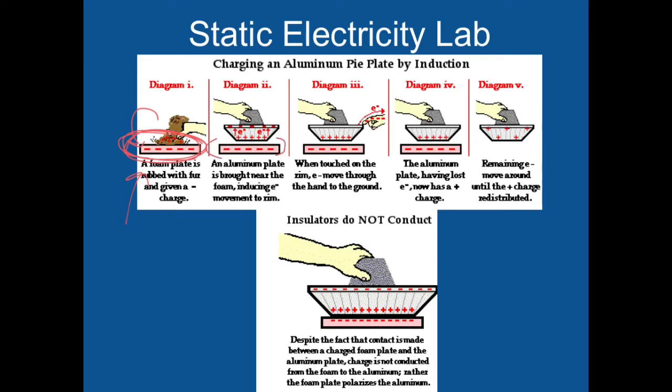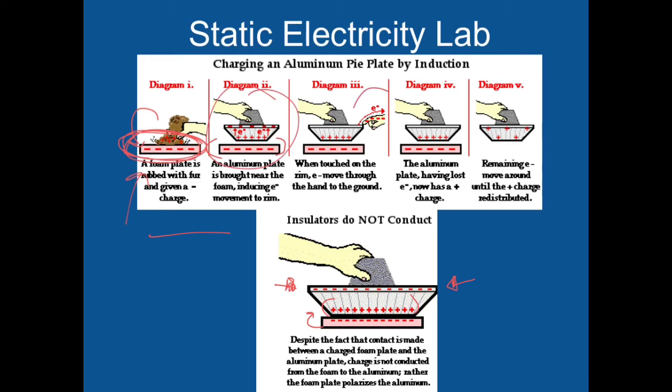By doing that through induction, you are going to make the bottom of the pie tin more positive because it's near the negatively charged foam plate. And you're going to push the top end of the pie tin to be more negative. And that's through, this one is induction.